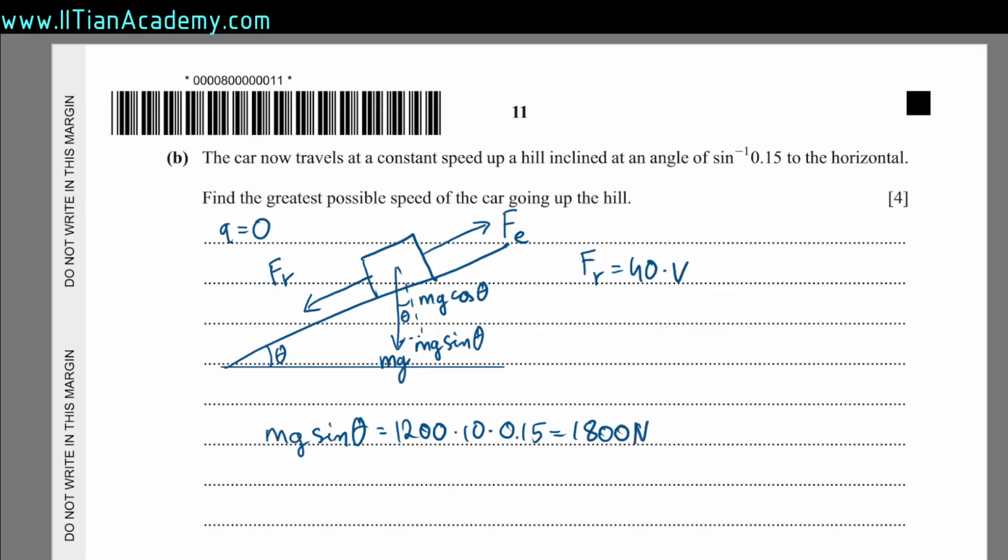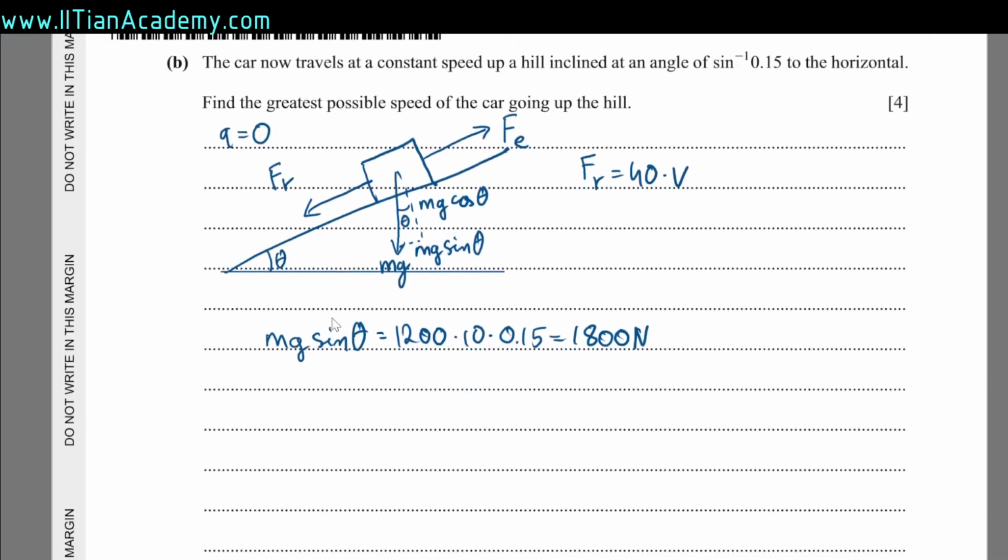And what we know now is that the total engine force that has to be exerted such that all the forces are balanced out, so the F net or the Fe, is going to have to be equal to the forces that are pulling it back down. So the resistive force and the horizontal component of the weight. So 1800, which was the horizontal component of the weight, plus this resistive force of 40 times V.